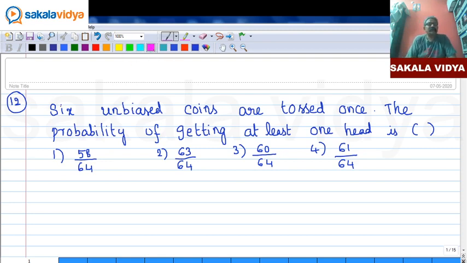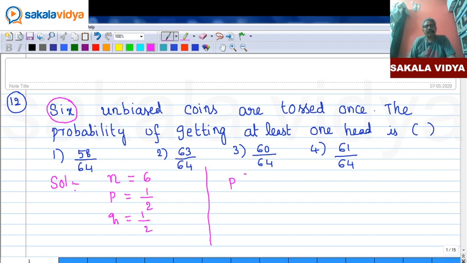Here 6 unbiased coins tossed, that means n is equal to 6. So P is equal to probability of getting head 1/2, Q is equal to probability of getting tail 1/2, and what we need to find out means probability of getting at least one head, P of x greater than or equal to 1. This equal to 1 minus P of x is equal to 0, probability of getting no head. 1 minus this we can write 6 C naught q to the power of 6 p to the power of 0, leave it now.